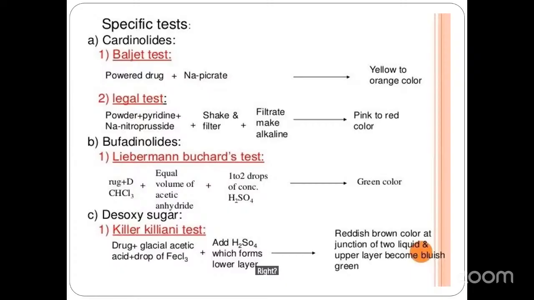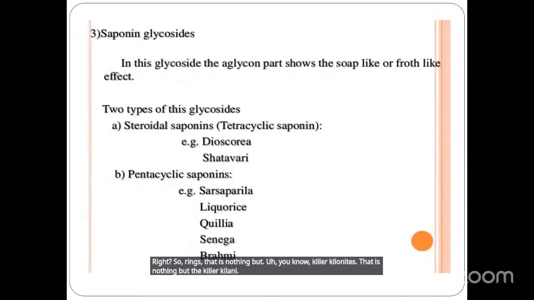Plus you have to add concentrated H2SO4, which goes to the lower layer, right? So a reddish brown color at the junction means you will get the rings there, right? So rings, that is nothing but the Keller-Kiliani test.